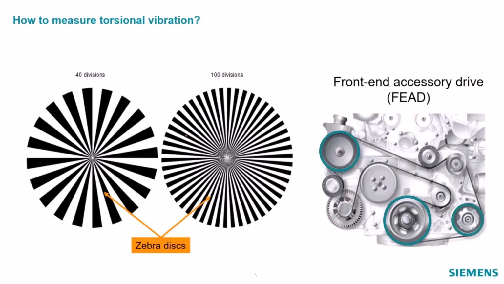And if I didn't have a gear, so maybe like this one's a good example, I could affix this zebra disc on the end and then point my laser straight at it. And then I could pick up the multiple pulses per rev as it's rotating around. And obviously, the more divisions I have, the more fluctuations I can pick up.